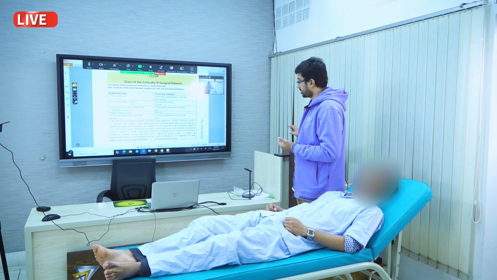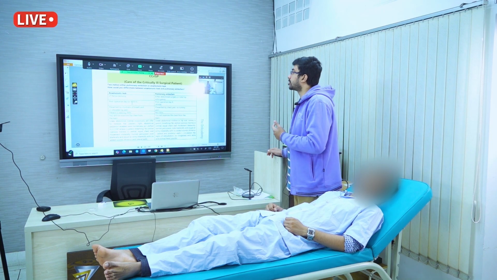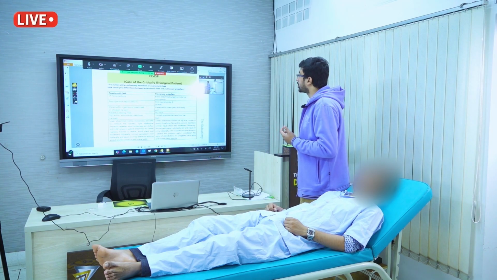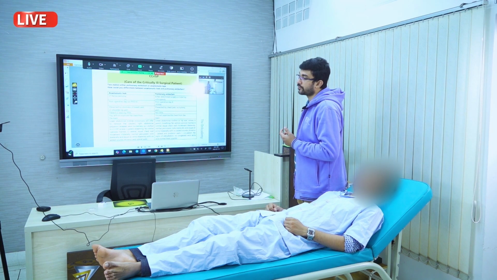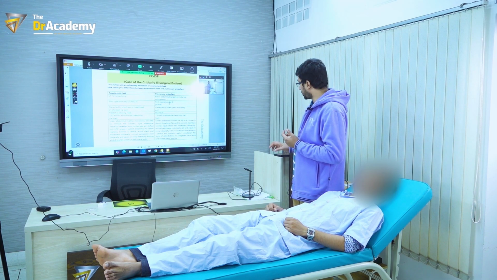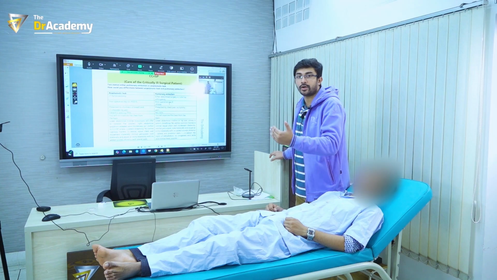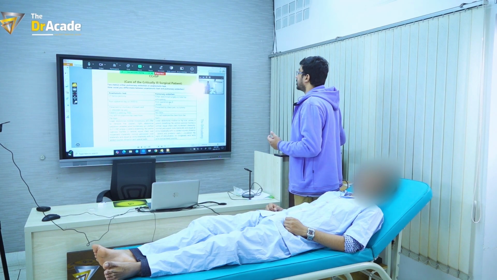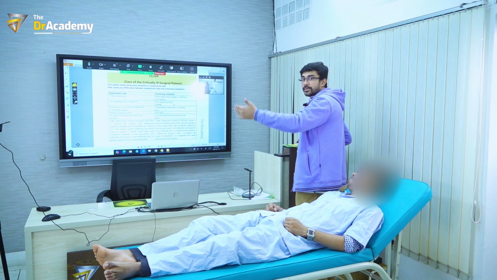Anastomotic leakage manifests with features of infection, which might occur on the 5th or 6th postoperative day. Whereas pulmonary embolism needs a bit longer to develop the thrombus, so it might be on the 8th, 9th, 10th or 11th postoperative day.